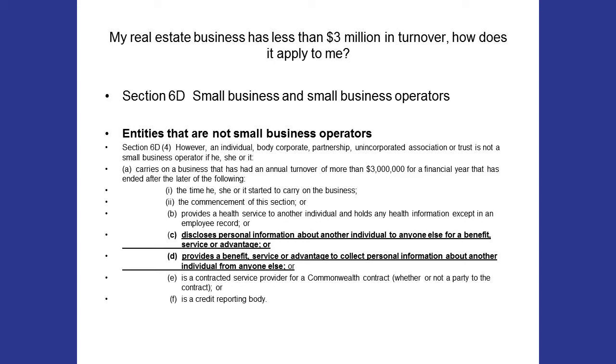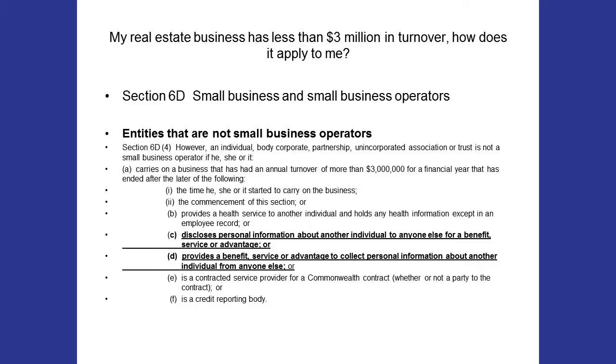So it says that entities that are not small businesses, and it goes through a few different things, but subsection C and D. Subsection C says entities that are not small businesses are organisations that disclose personal information about another individual to anyone else for a benefit, service or advantage, or D, provide a benefit, service or advantage to collect personal information about another individual from anyone else.